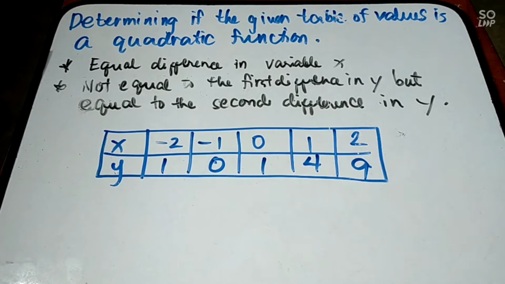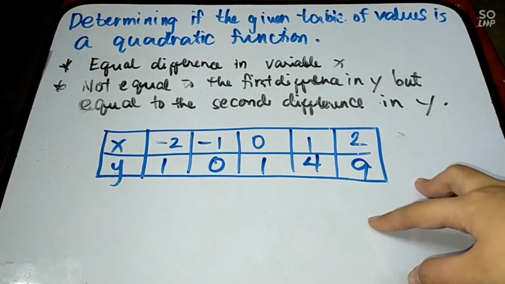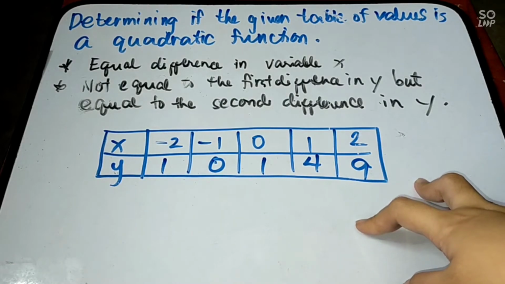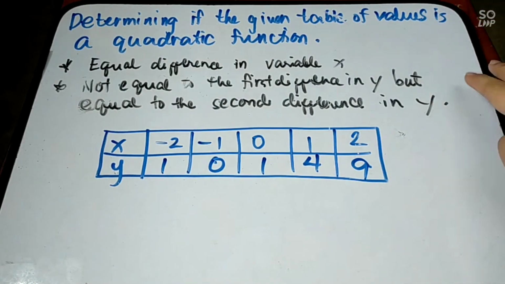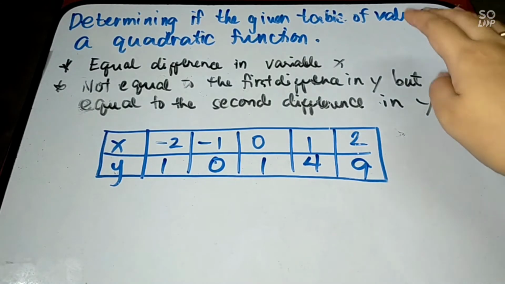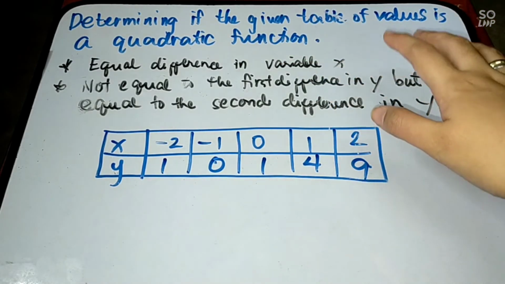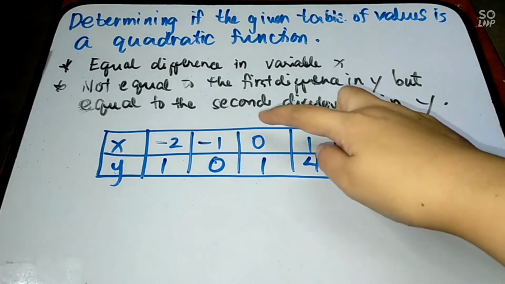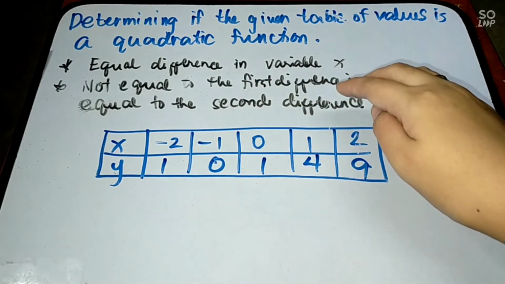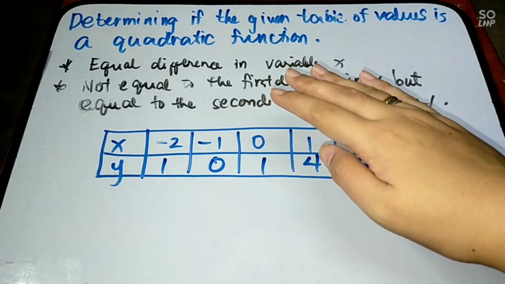Determining if the given table of values is quadratic function. For us to determine if this given table of values is quadratic function or not quadratic function, these are the things that you need to remember. First, there must be equal difference in the variable x. Meaning, kapag sinubtract mo tong mga variable x niya, they have the same difference.